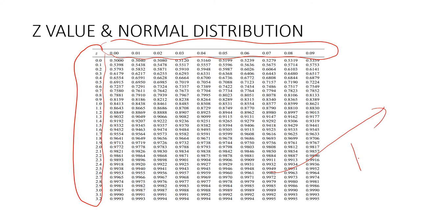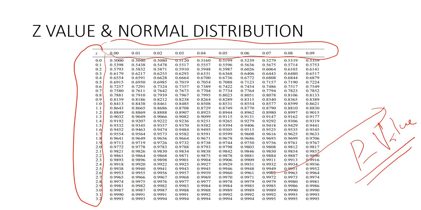This is the p value, the probability value. We have videos for p value, significance level, alpha, everything. You need to learn it to understand it more clearly. So we are calculating the p value for our z value. What is our z value? 3.